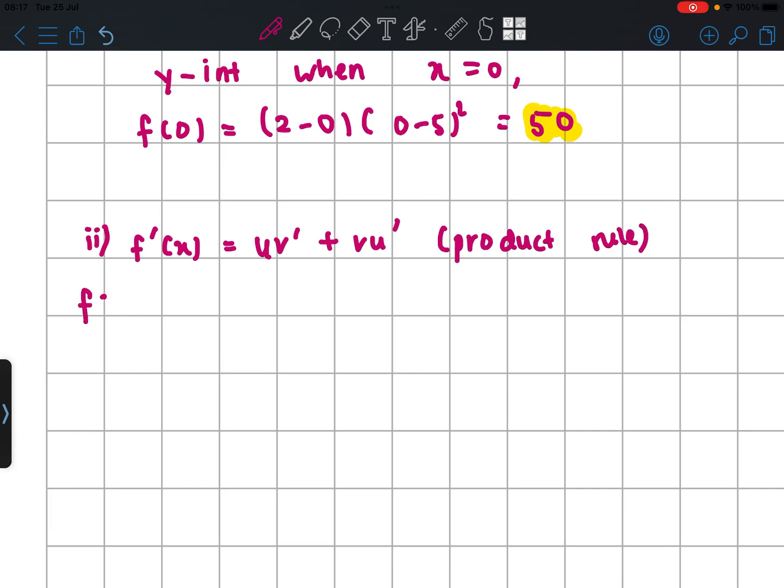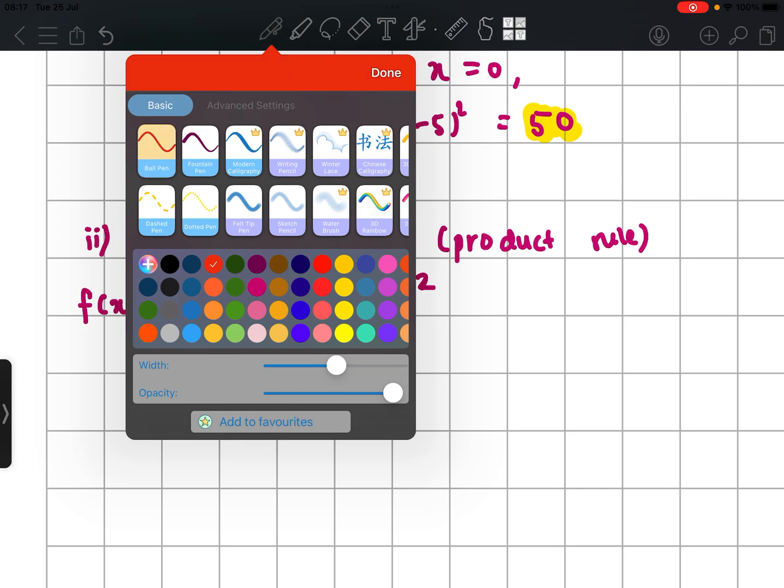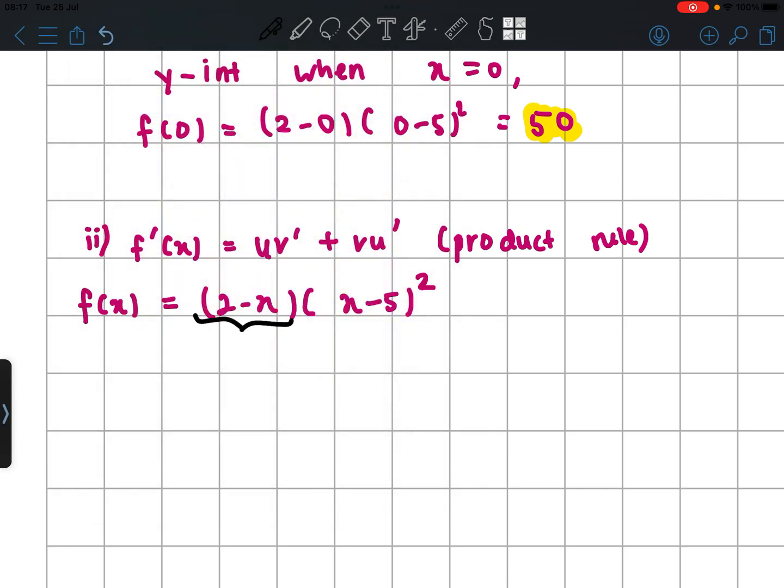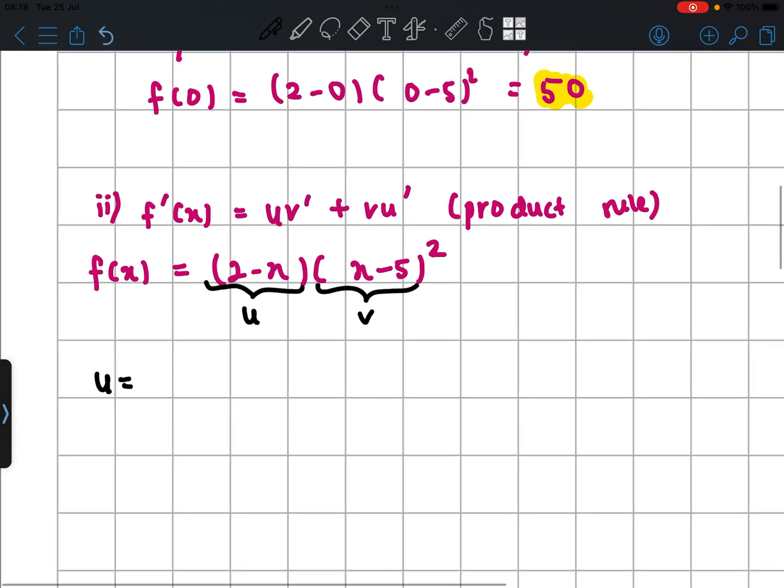You are given f(x) is (2 minus x) times (x minus 5) squared. So you need to know that this is actually your u, this is your v. Okay, so u is 2 minus x, v is (x minus 5) squared.